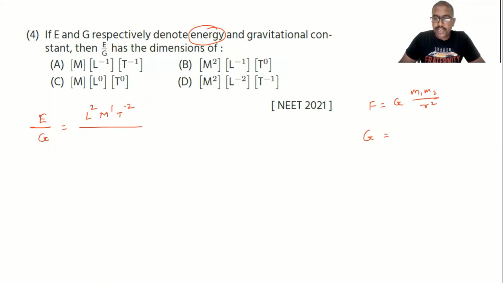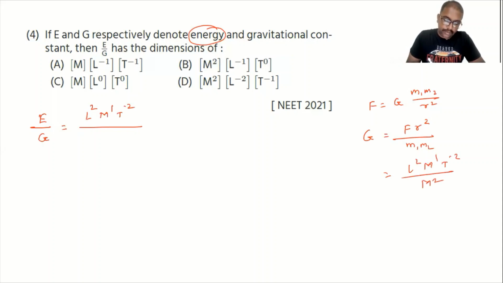If we substitute the dimension of F, R, M1, M2, then we can write here. F is L1 M1 T minus 2 and this R square, so L2, and here it is M2. After solving this, we get L2, M minus 1.